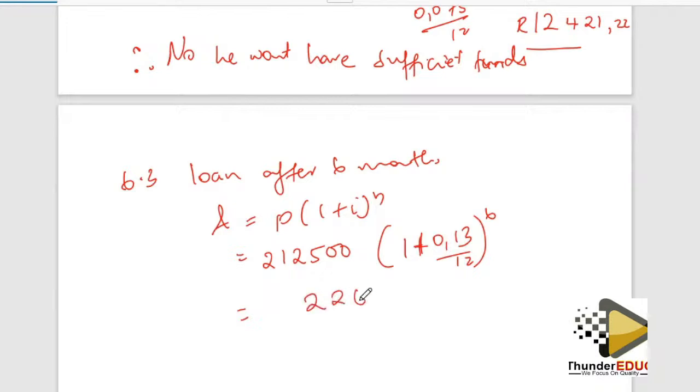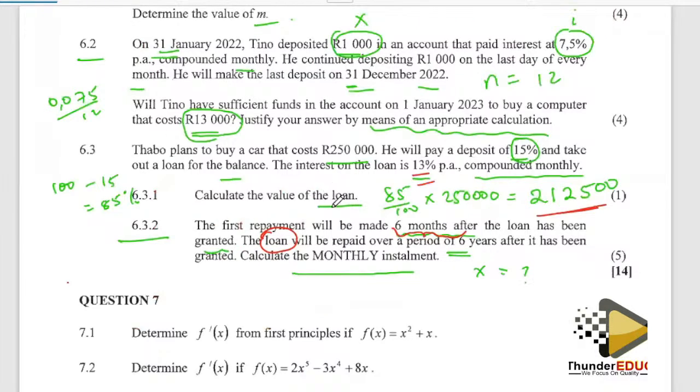Having 22,692.04. Does it make sense, guys, for us to use 6 months, because there's an allowance of a month?